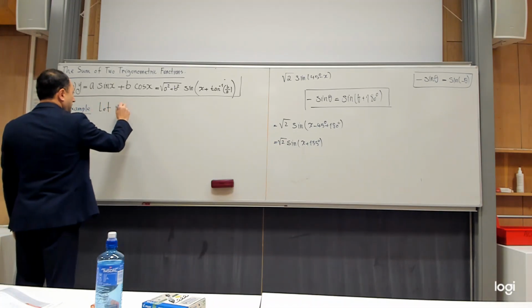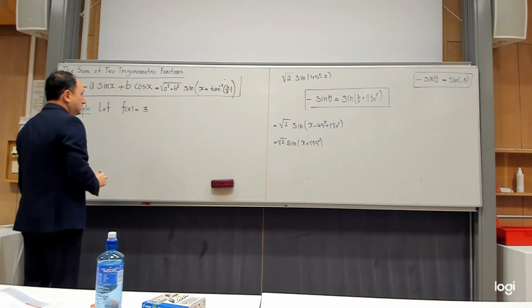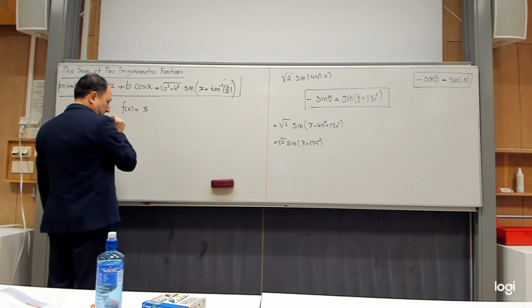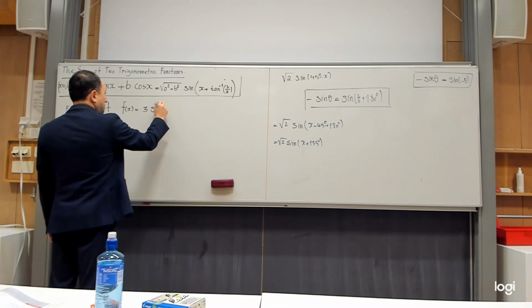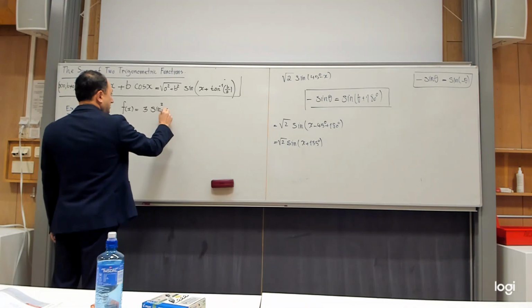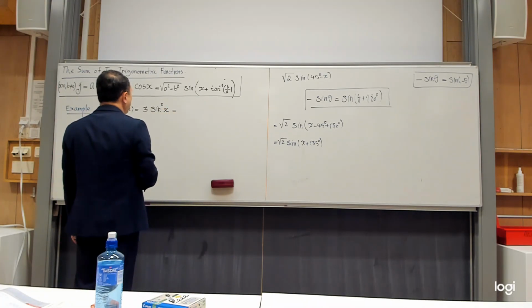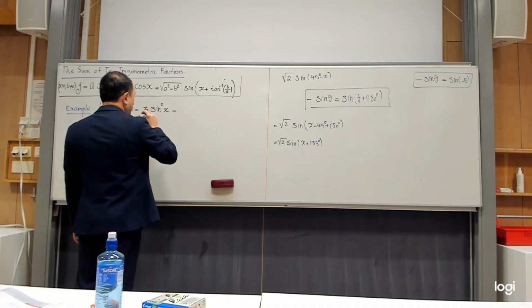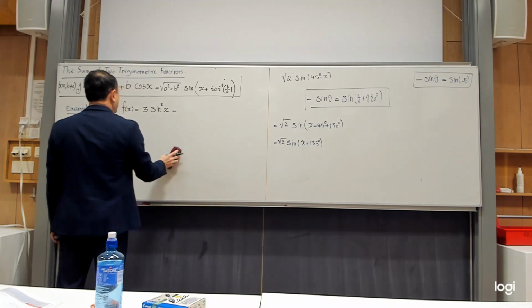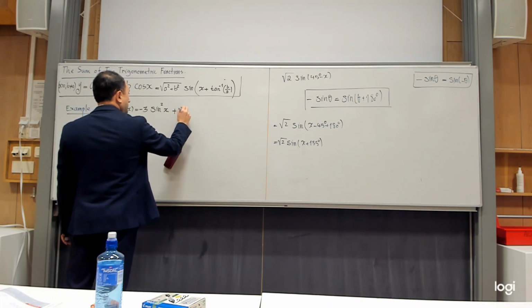For example, let f of x be equal to 3 sine 2x, let me write it in this way, minus 3, and plus 5 cosine 2x.